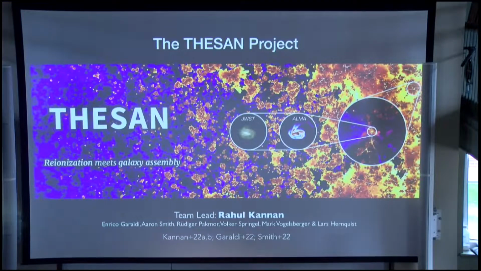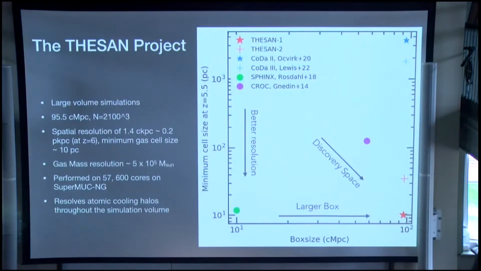The background is the evolution of density and temperature of the gas, and you can see how the ionization topology varies or evolves from high redshift to low redshift. And you can even go back and resolve individual properties of dust, gas, temperature, ionization state, and photon density, and even resolve individual galaxies. So here, as an example, I show a mock JWST and ALMA image of one of the more massive galaxies in the simulation.